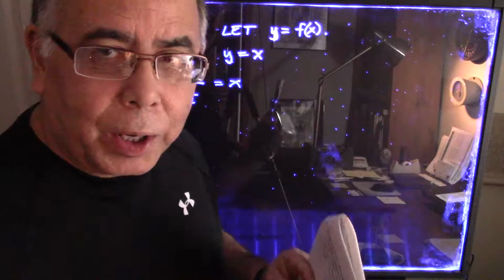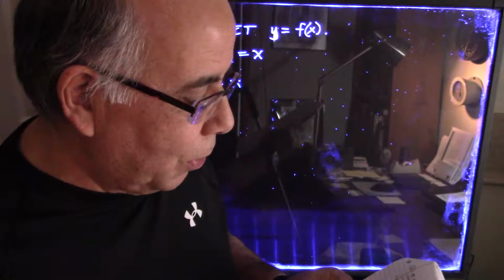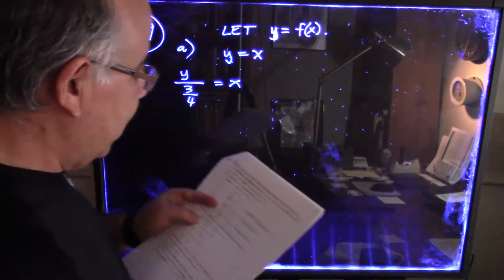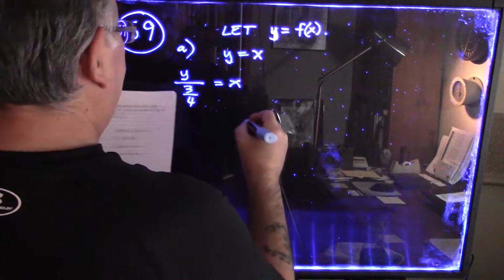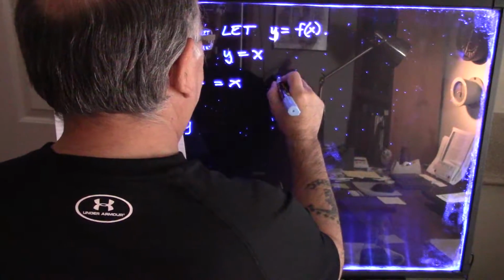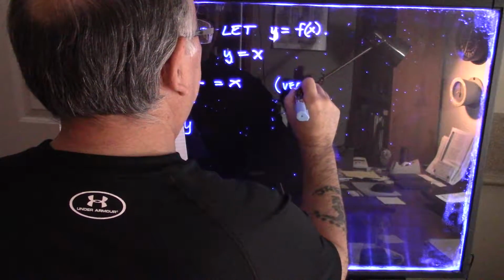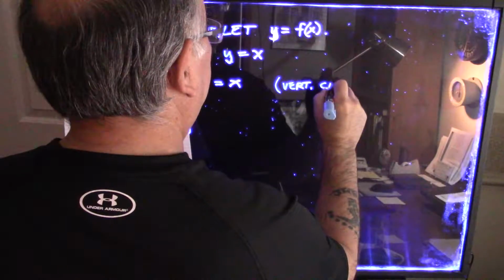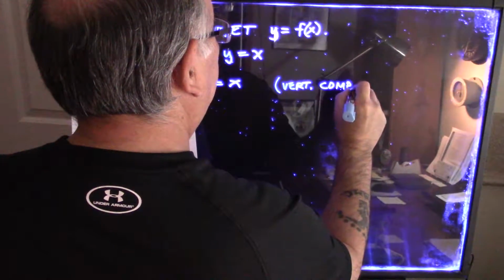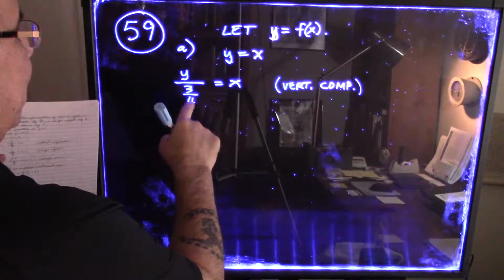If you're thinking right shift or left shift, that's horizontal, and so think of the x-axis, because that's a horizontal axis. So y over 3/4 equals, well, let me write this down. This is your vertical compression. So that was your vertical compression, the 3/4 under the y.